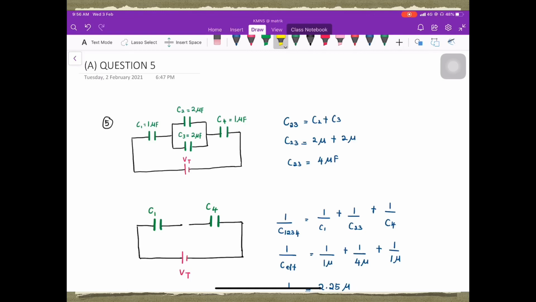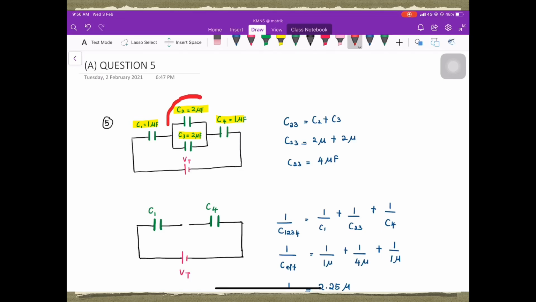Next, question number 5. Okay, we're looking at this diagram. So how many capacitors here? So we have C1, C2, C3, C4. Okay, step 1, we need to determine C2 and C3 first. Why do we need to calculate C2 and C3 first?